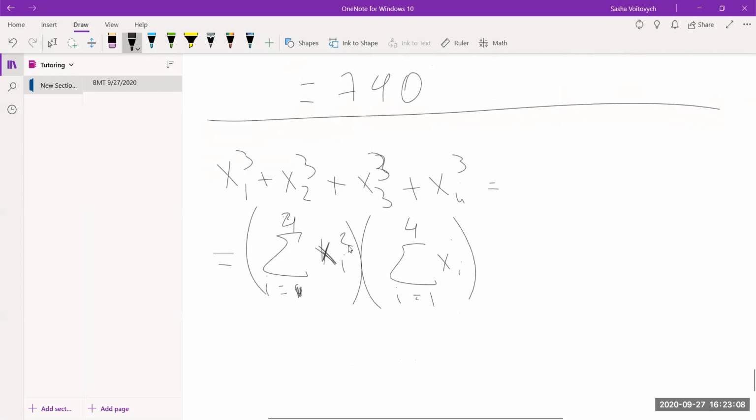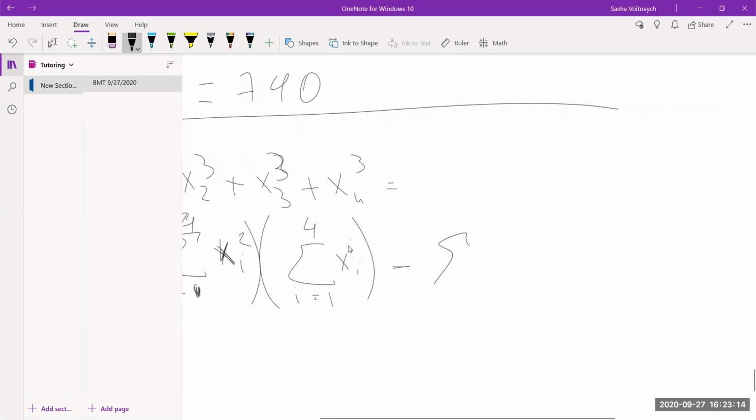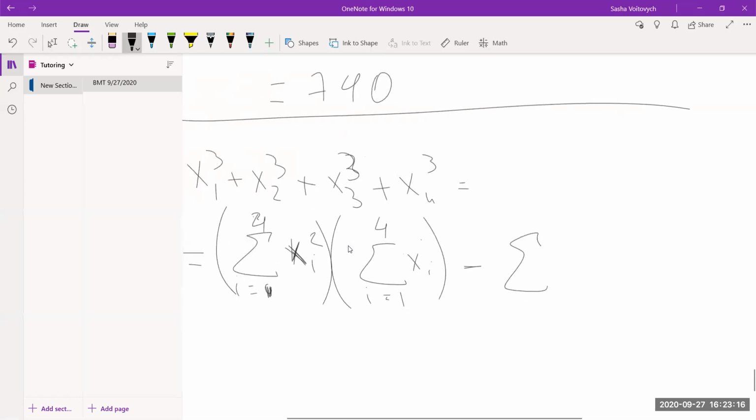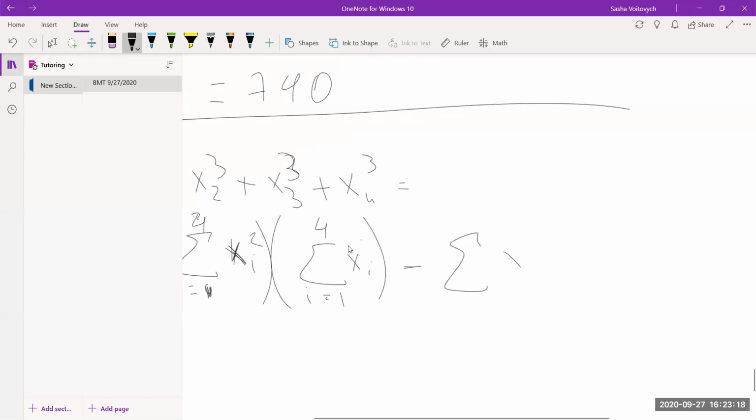So note that we're overcounting some terms, so we have to subtract them. We're overcounting terms of the form xi squared xj, for i not equal to j.